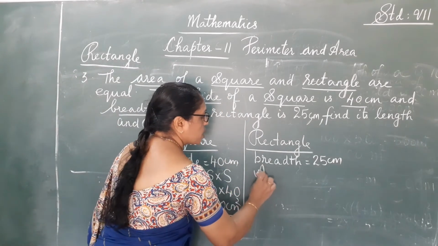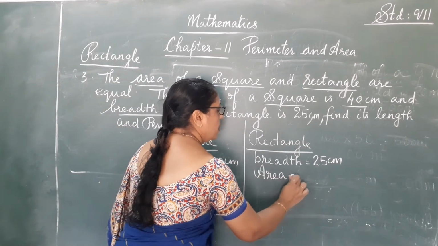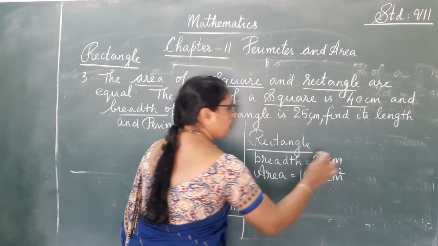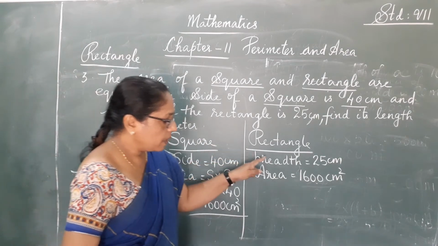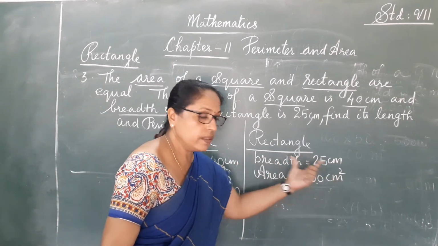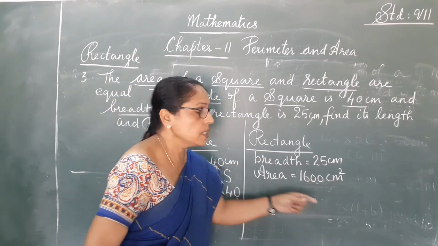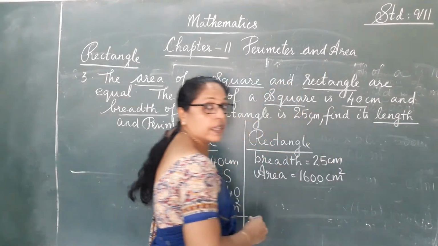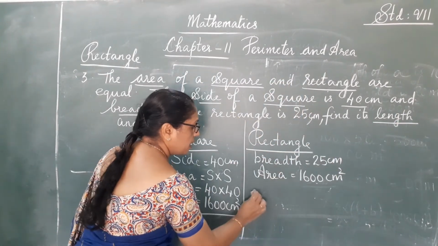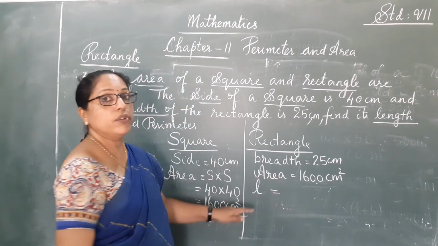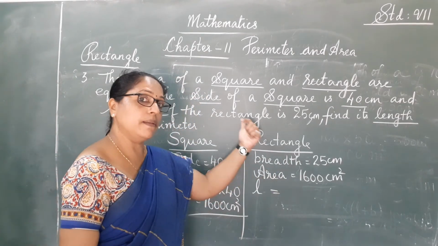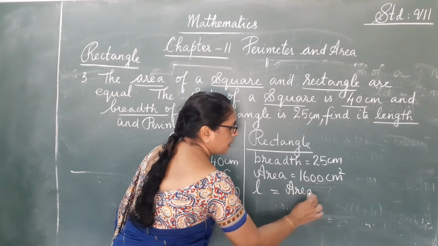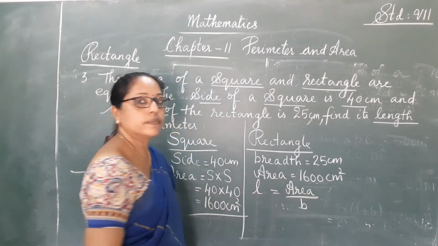So here also the area will be 1600 centimeters square. Here we got breadth 25 and area this much. So can we find the length from area and breadth? Recall the formula. How do you find length from area and breadth? Yes, area divided by breadth.